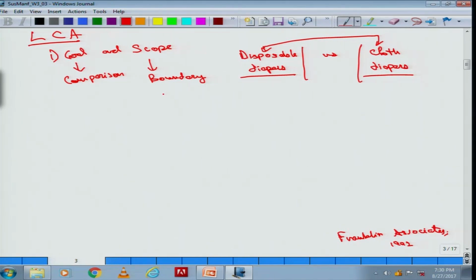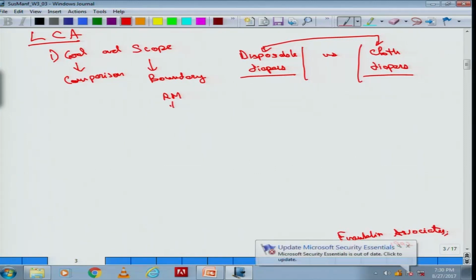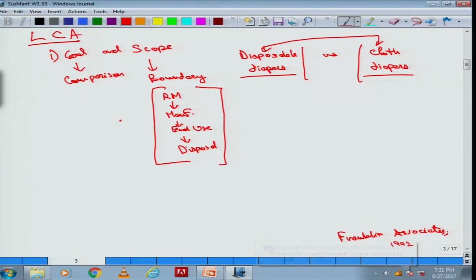So, here we will start from the raw material, then manufacturing, then end use and disposal. And all the inputs and outputs would be considered here, right. So, the next step is inventory analysis.